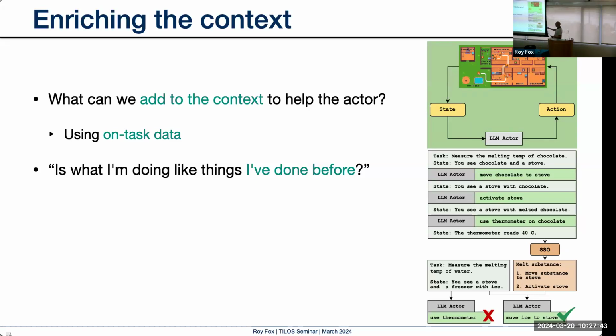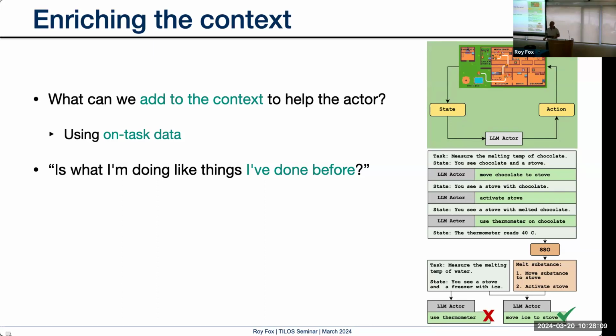But here's another thing we can do. We can look at this previous experience that we had, melting chocolate, and maybe melting other things as well, to measure their temperature. And we can feed it into our algorithm that I'm going to describe in a moment. And then we can come up with some commonality, some sort of pattern here. The pattern is: melt a substance, move the substance to the stove, reactivate the stove.